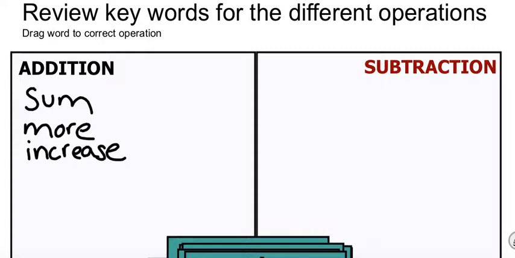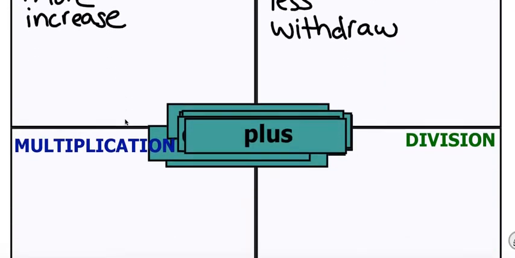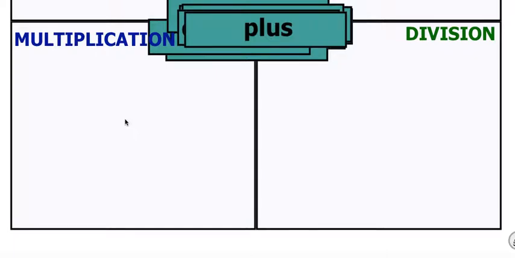For subtraction, we have difference, less than, or less. 7 less than a number. We might have withdraw, we might have loss, some words along those lines. Multiplication, we would have times, multiply, product.